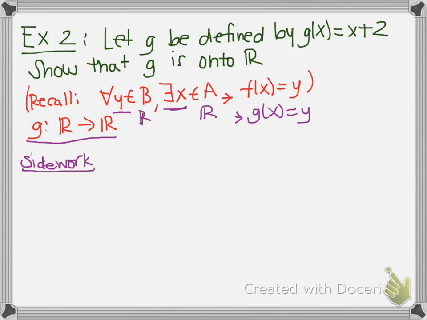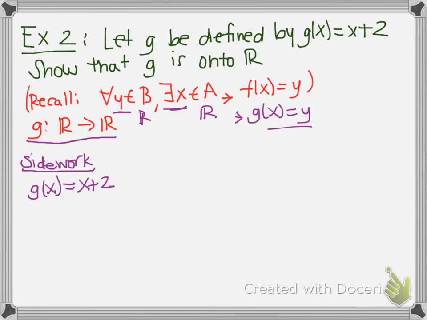Okay. So now we're trying to find an X such that f of X equals Y, or G of X equals Y. We have G of X equals X plus 2.